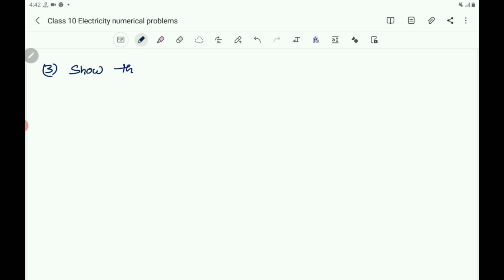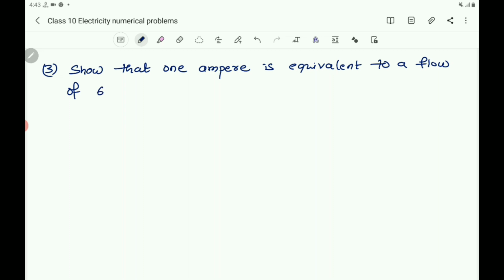Show that 1 ampere is equivalent to a flow of 6.25 into 10 power 18 elementary charges.